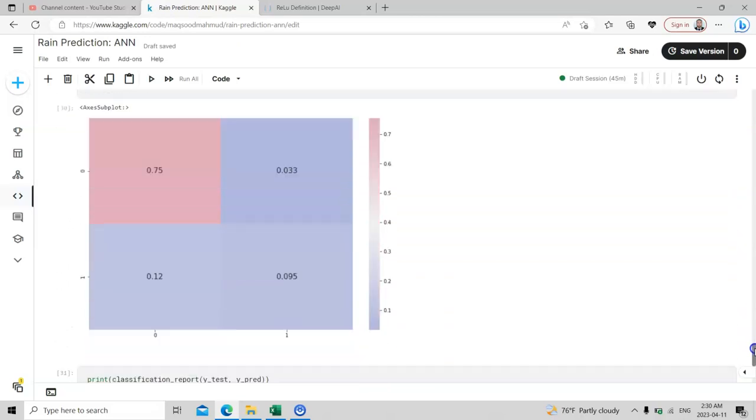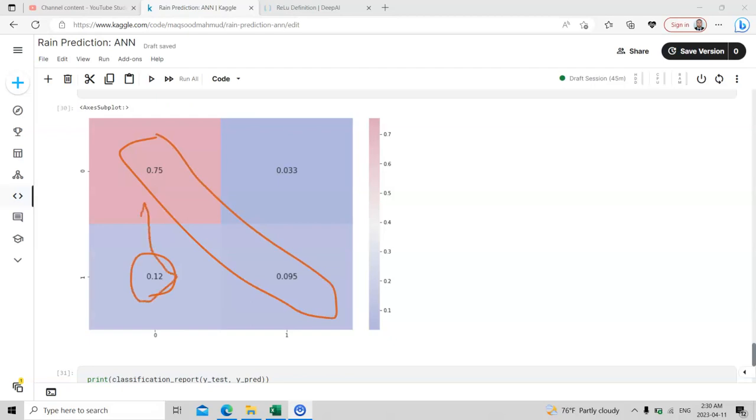So you see the confusion matrix. In the classification class, I already told you about the confusion matrix. This is the prediction line, and this is the error in your yes prediction, and this is the error in the no prediction.